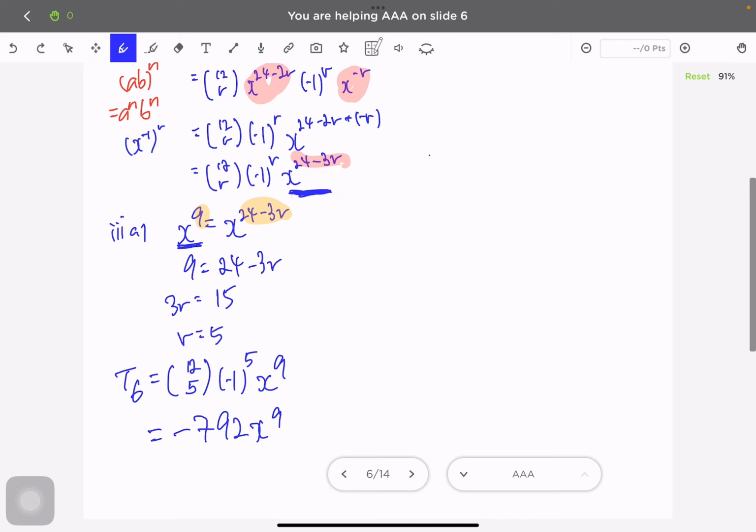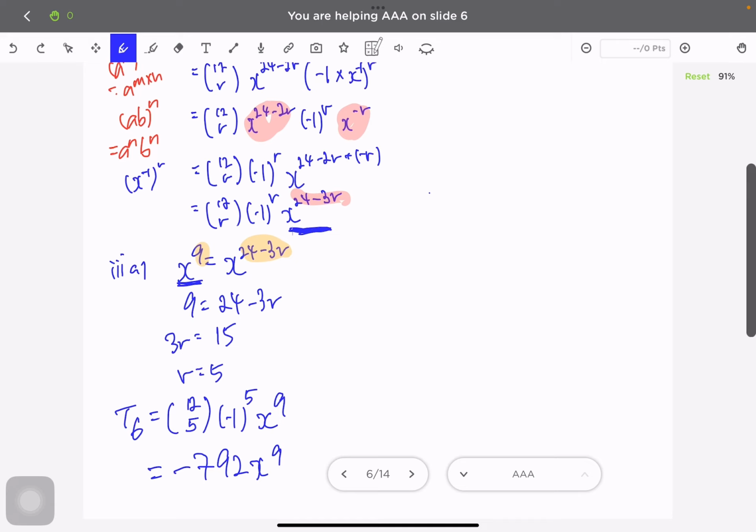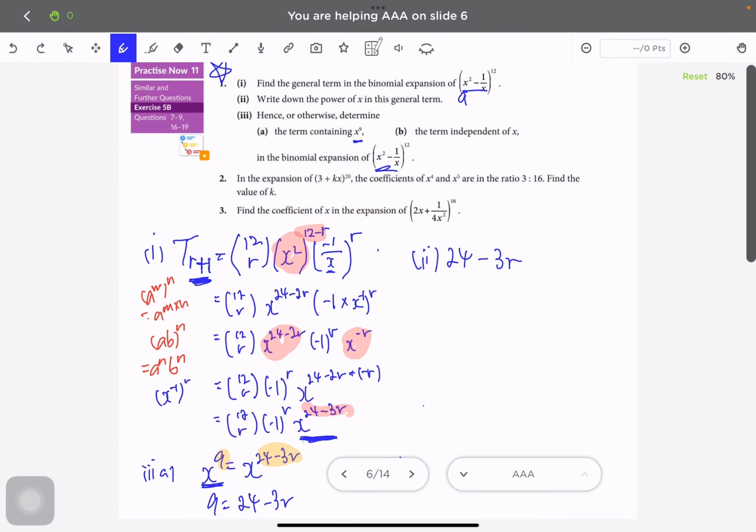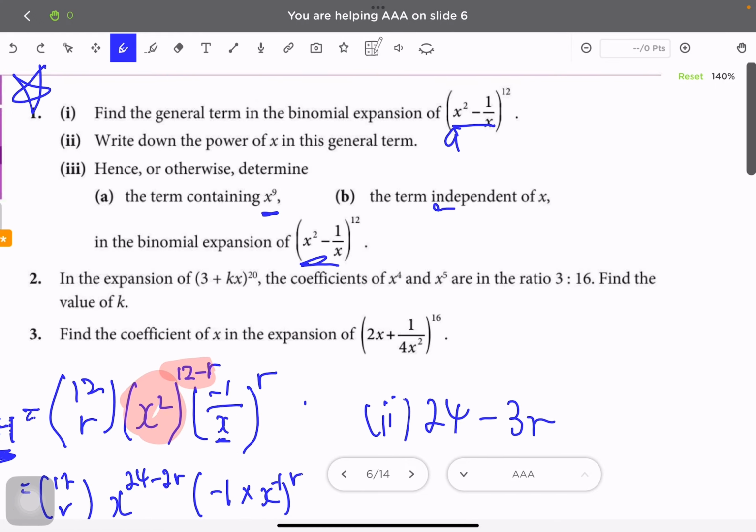And for part 3b, you are asked to find the term independent of x. I have to make a reminder here that, other than constant, when we talk about the term independent of x, it just means that x to the power of 0.